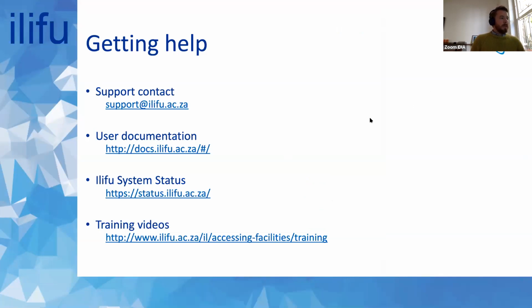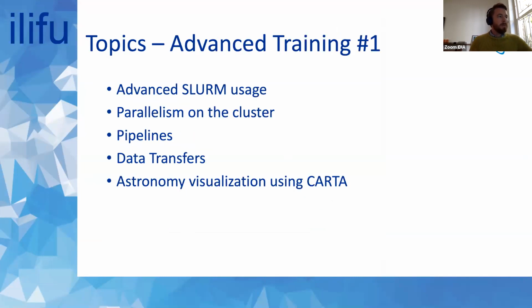In terms of the topics that we're covering today in the advanced training, our original scope we found was a bit ambitious, so we've decided to have a second training that we will host in 2 to 3 weeks' time. For today, we'll be covering advanced SLURM usage, so the different commands and possibilities on the cluster using SLURM. We'll cover parallelism on the cluster and how to use software that supports parallelization.